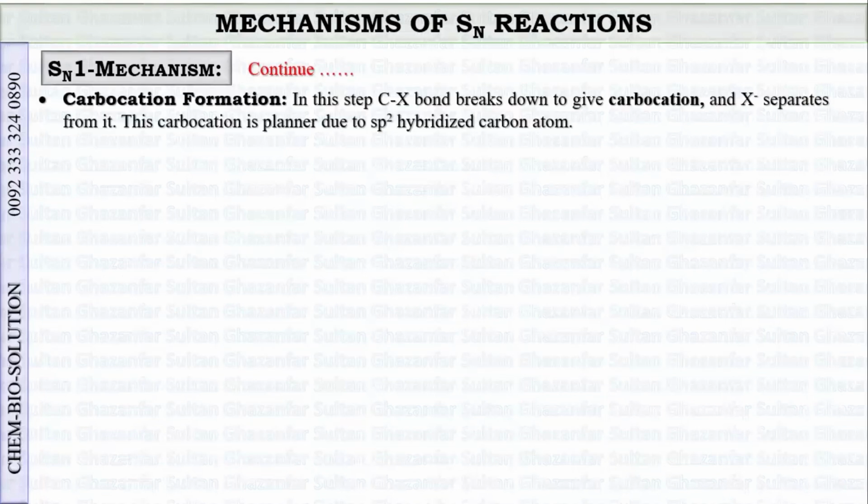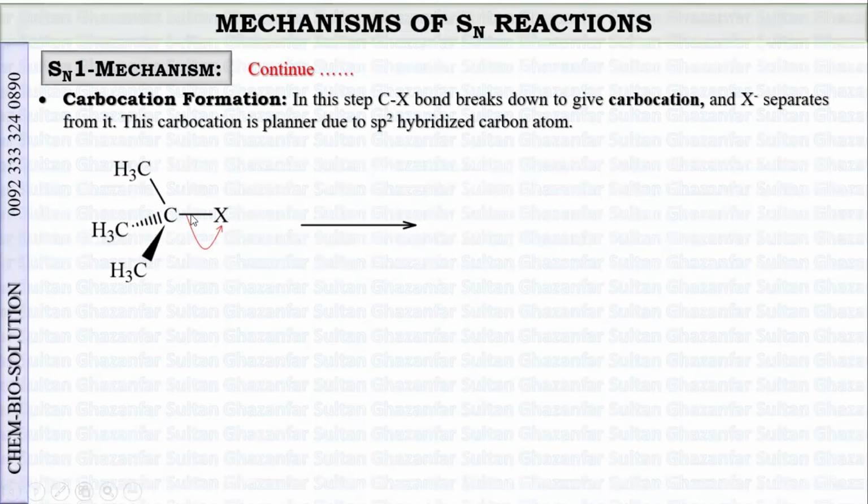It comprises two steps, as we have discussed that it is a two-step mechanism. So in the first step, ionization occurs and the carbon-halogen bond is broken. And we can see here that this bond is broken heterolytically. Heterolytic cleavage means that the whole bond is shifted on the halide.